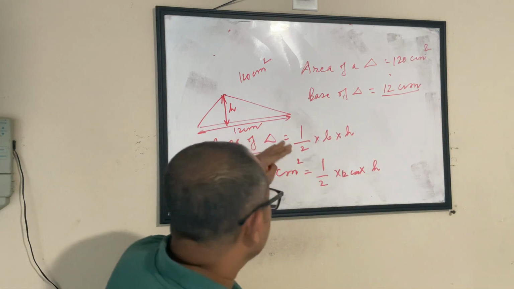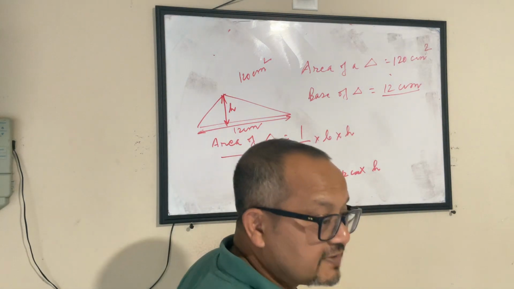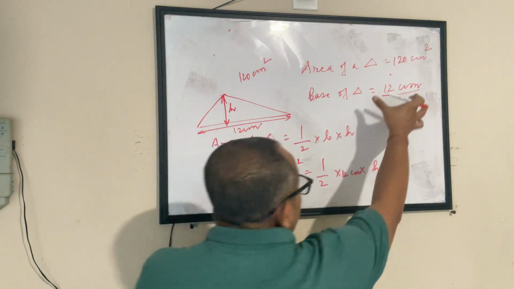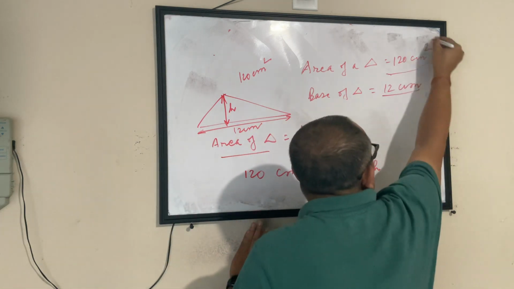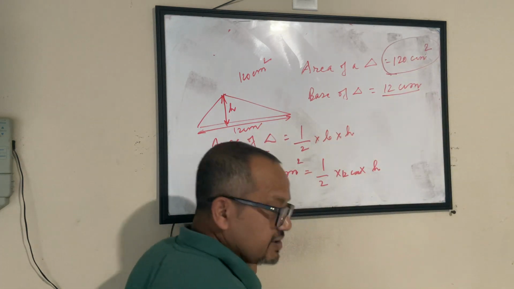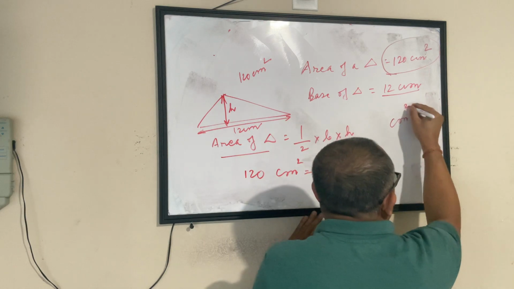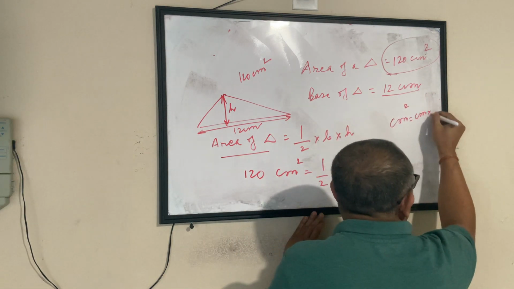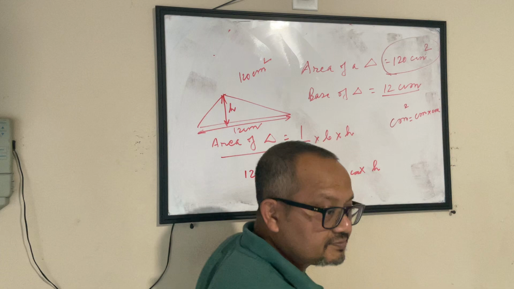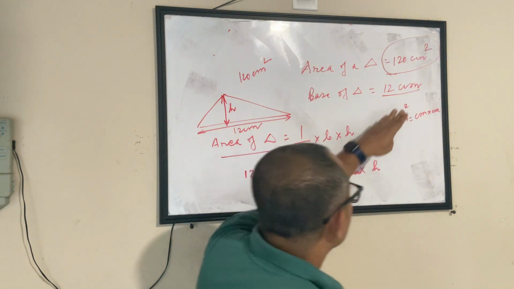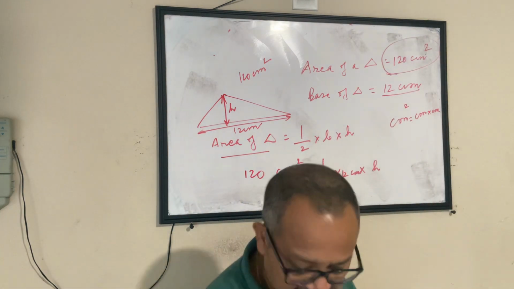So, area of a triangle is half into base into height. That's the formula we know. Now, from this question, we are given that area is 120 centimeter square. If I say centimeter square, that means nothing but centimeter into centimeter. So, 120 centimeter square, the area is given to us.